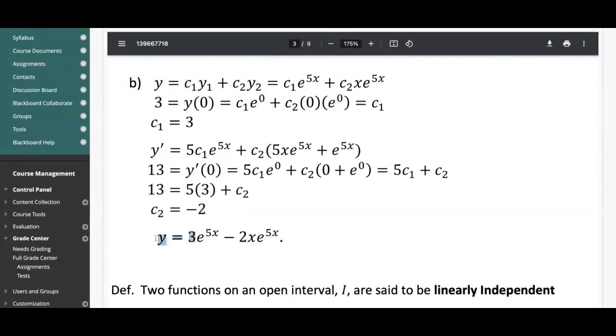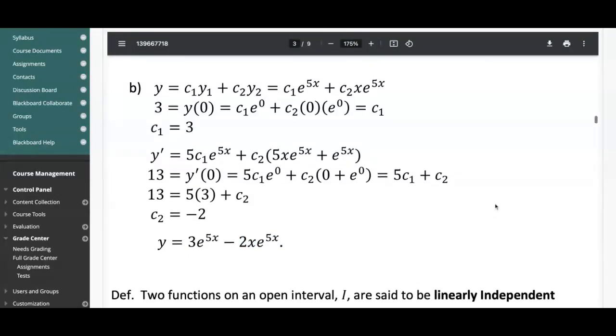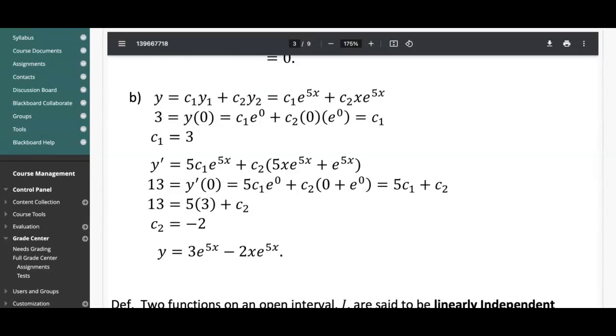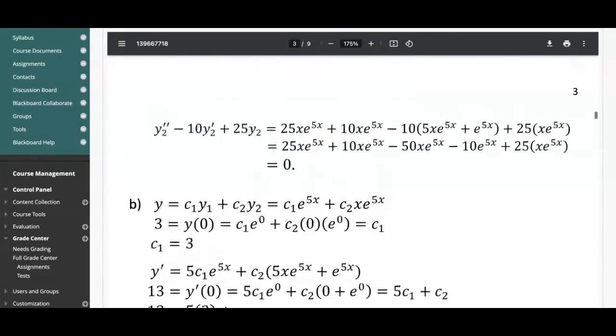So a unique solution is guaranteed with the initial conditions given. So y equals 3 e to the 5x minus 2x e to the 5x. Okay, anyone has any questions? Pretty direct, right?